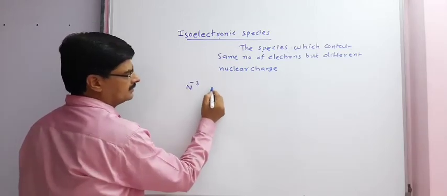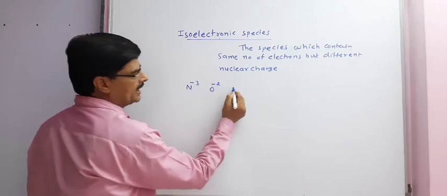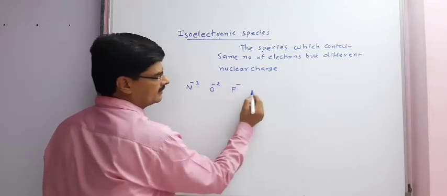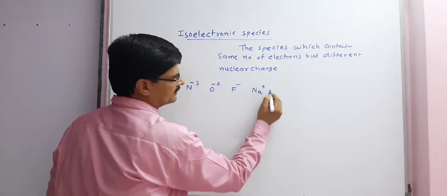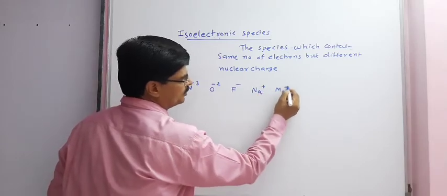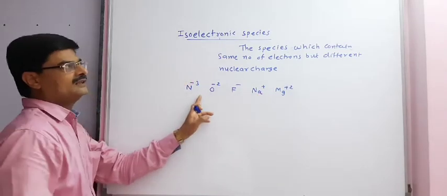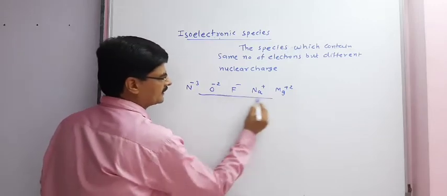N3 minus, oxygen 2 minus, F minus, Na plus, Mg2 plus. These are isoelectronic species.